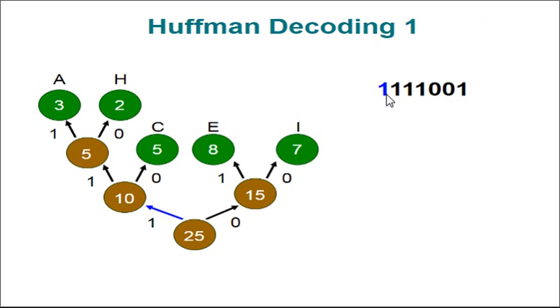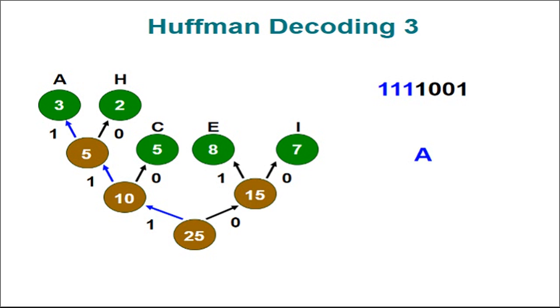The first symbol is 1. So from this root node we follow this path 1. Next is again 1. So we continue on the same line till we reach a certain symbol.